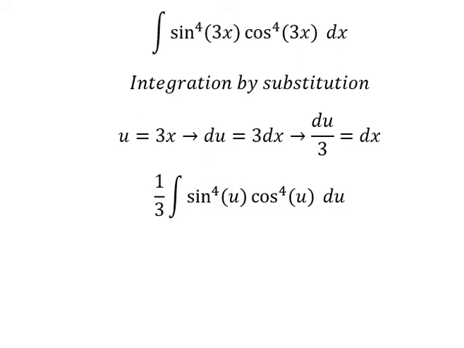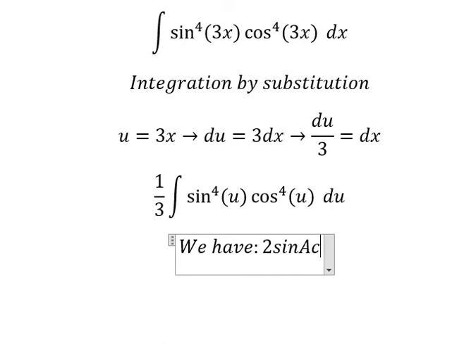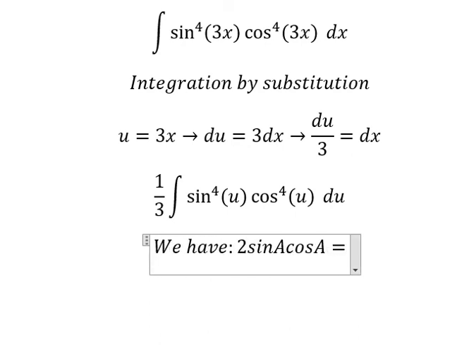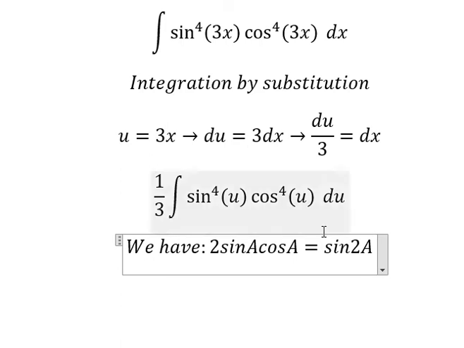Now we have the formula in here: 2 sine A cosine A equals sine 2A.